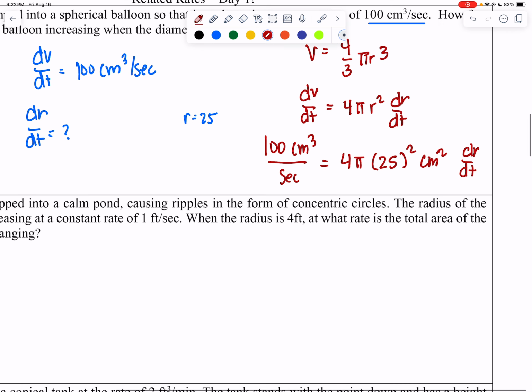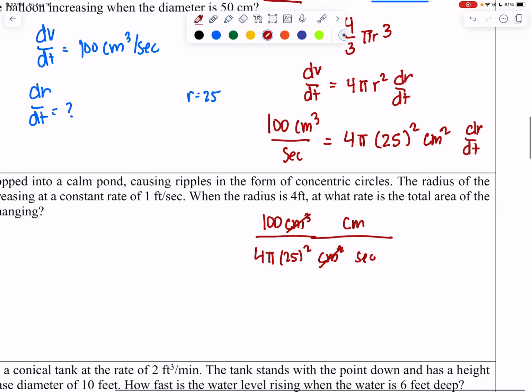All right, so I'm going to go ahead and divide by 4 pi 25 squared centimeters squared so that dr/dt is isolated. If I do that, I'm going to have 4 pi 25 squared centimeters squared, and then I still have seconds. Notice how my units will cancel out so that I'm only left with a centimeter on top.